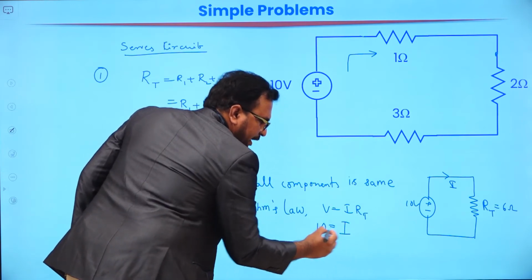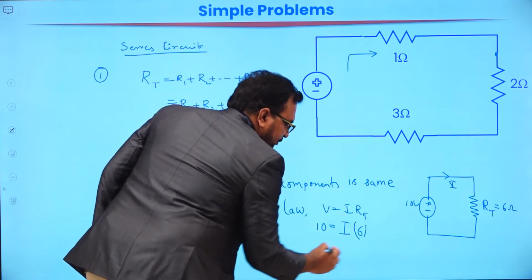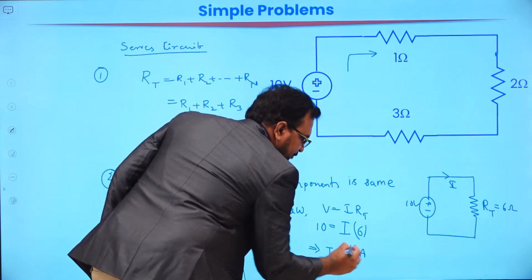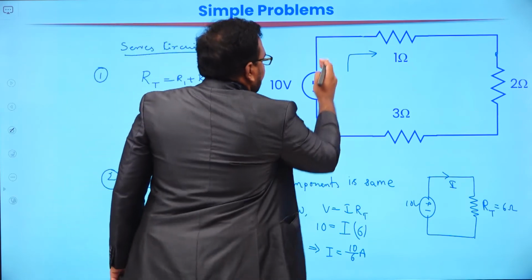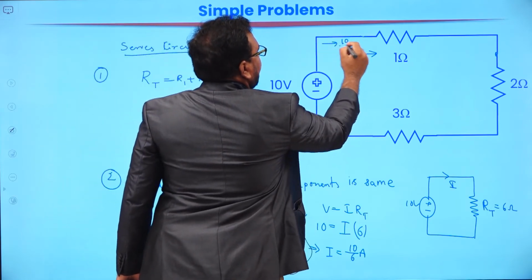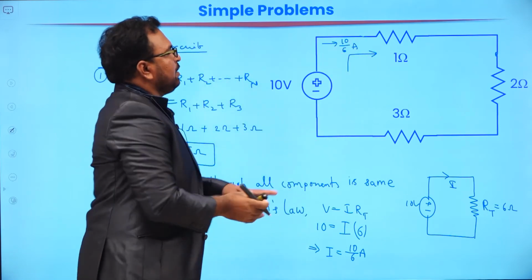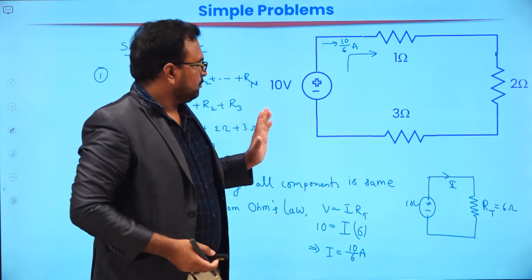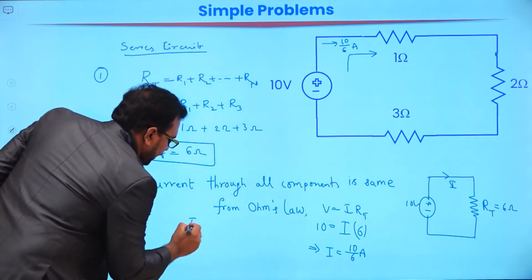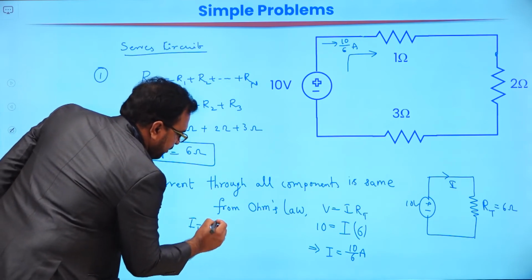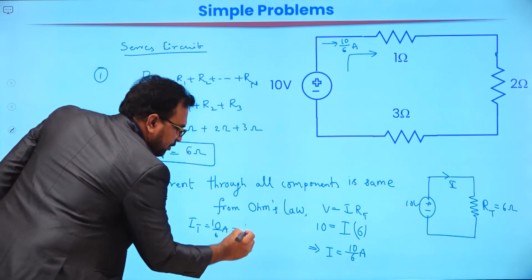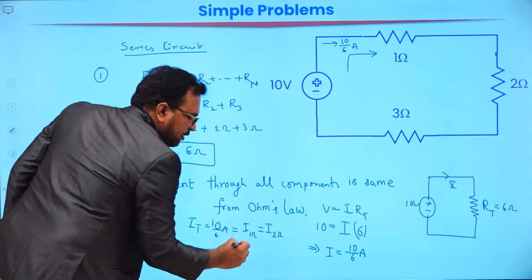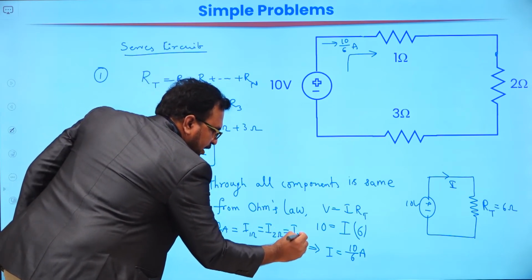We have to calculate the total current I. And RT is 6. So from this, current I is 10 by 6 amperes. That means the source is going to produce 10 by 6 amperes of current. The same current is flowing through 1 ohm, 2 ohms as well as 3 ohms. You can write the total current IT is 10 by 6 amperes, which is equal to the current through the first resistor, and also equal to the current through the second resistor, and also the third resistor.